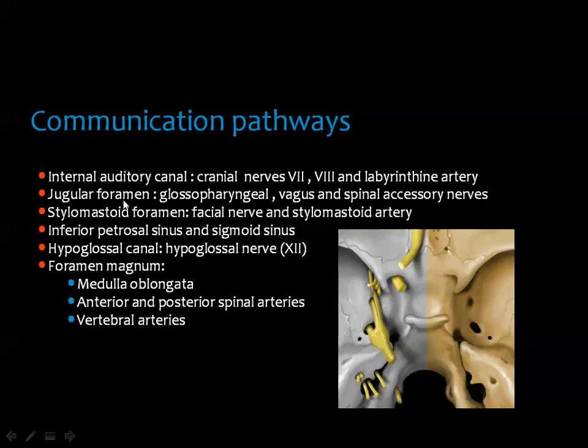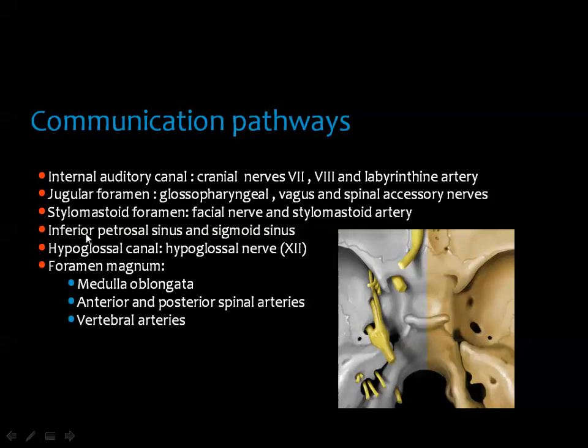The jugular foramen, this is the jugular foramen, will transmit the glossopharyngeal nerve number 9, the vagus number 10, and the spinal accessory number 11. And the stylomastoid foramen, of course, will transmit the facial nerve as well as the stylomastoid artery. This foramen is not seen here.